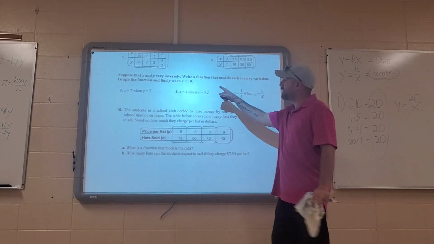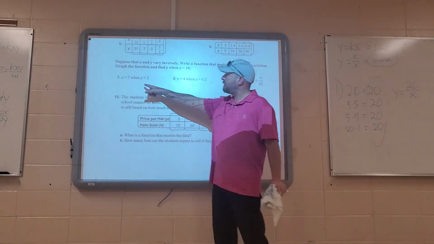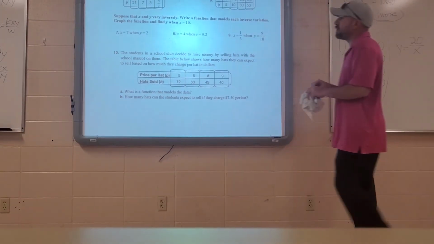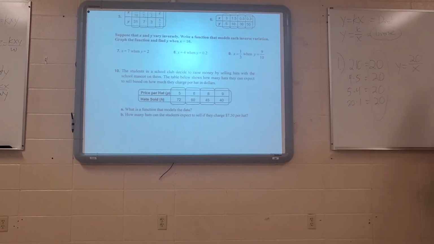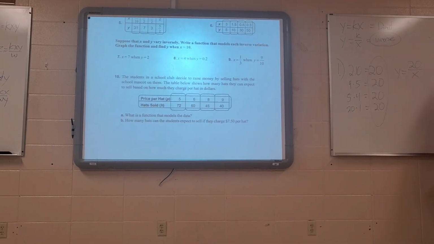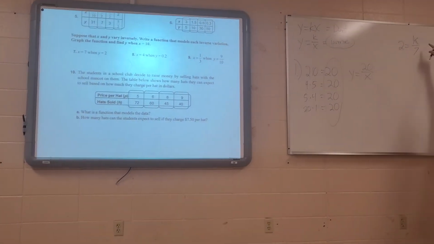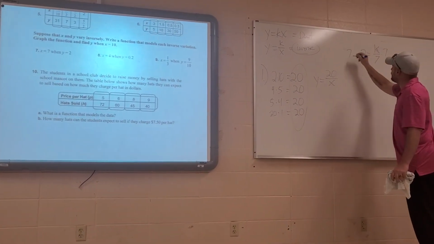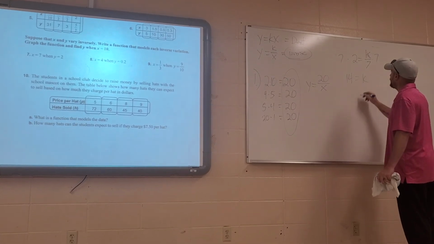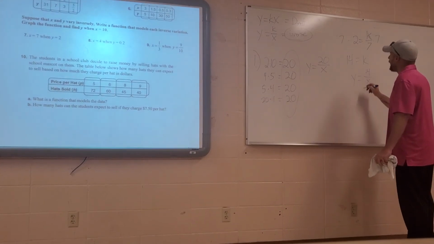Suppose that x and y vary inversely. Write a function that models each variation. Well, if they're inverse, then this 2, you would do 2 equals k over 7. And find k. So multiply by 7. 14 equals k. So then y equals 14 over x.